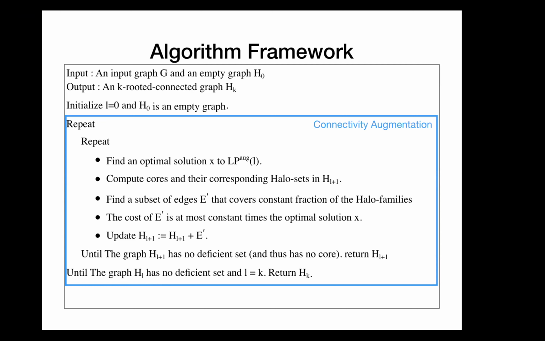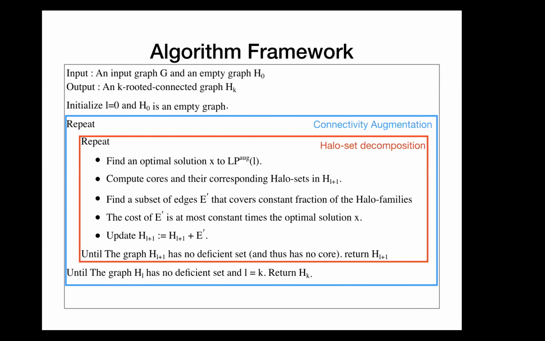We start with an empty graph, then add edges so that each terminal has at least one path to the root, and we keep repeating the process. In each iteration, we add an additional edge-disjoint path from the root to each terminal, so the connectivity keeps increasing. This process gives us a log k factor in the approximation ratio.